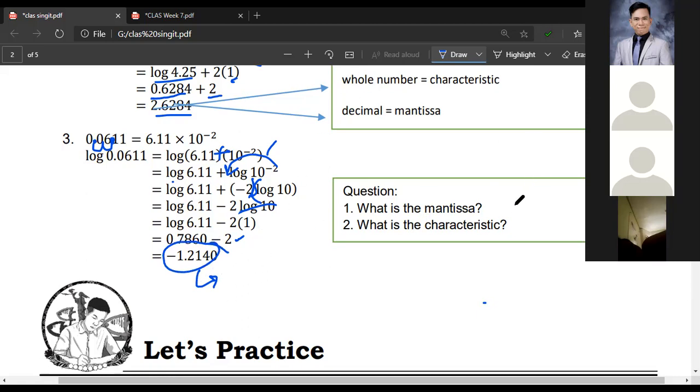Sige, question. What is the mantisa? Sige, ano yung mantisa dito? 0.2140, sir. Okay, that would be 0.2140. Okay, that's correct. Sige, rewrite natin.